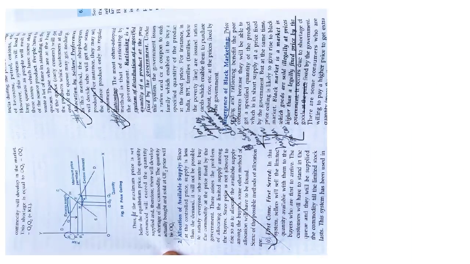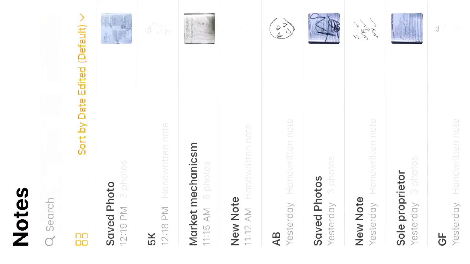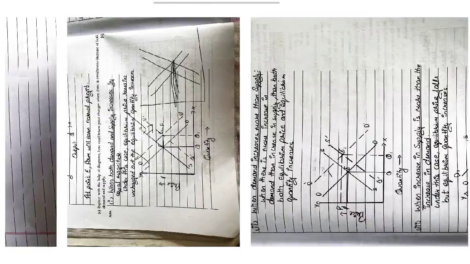Now let's come to the question. What kind of question will be asked? The question will be asked in this way: what is maximum price legislation or price ceiling? Both mean the same. Maximum price legislation and price ceiling, don't get confused. If they ask you maximum price legislation or price ceiling, you have to write the same answer.